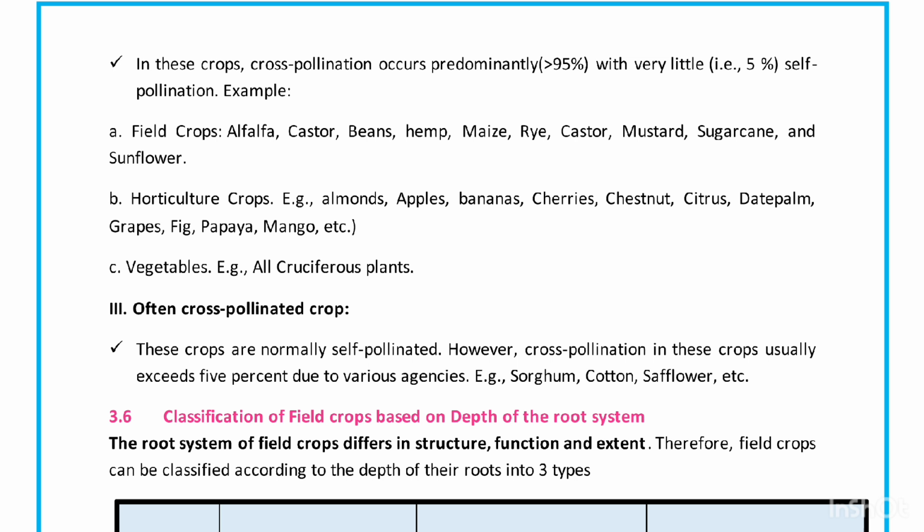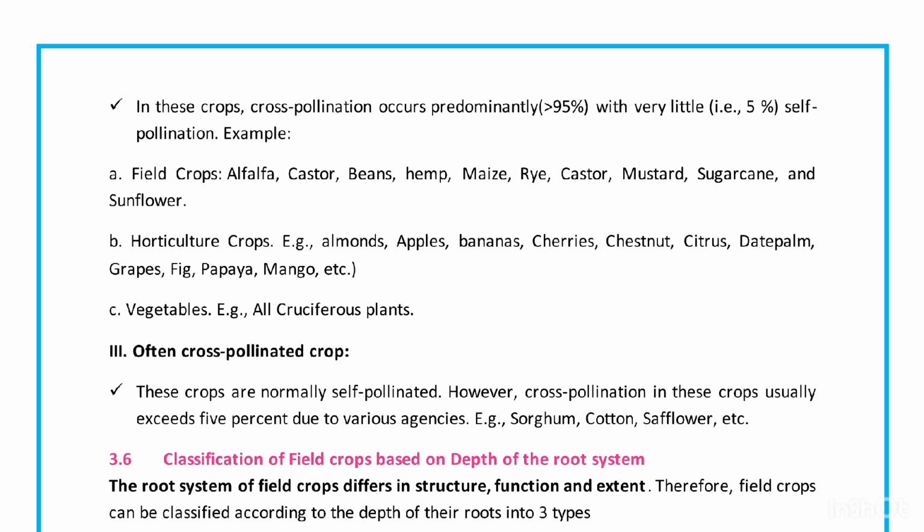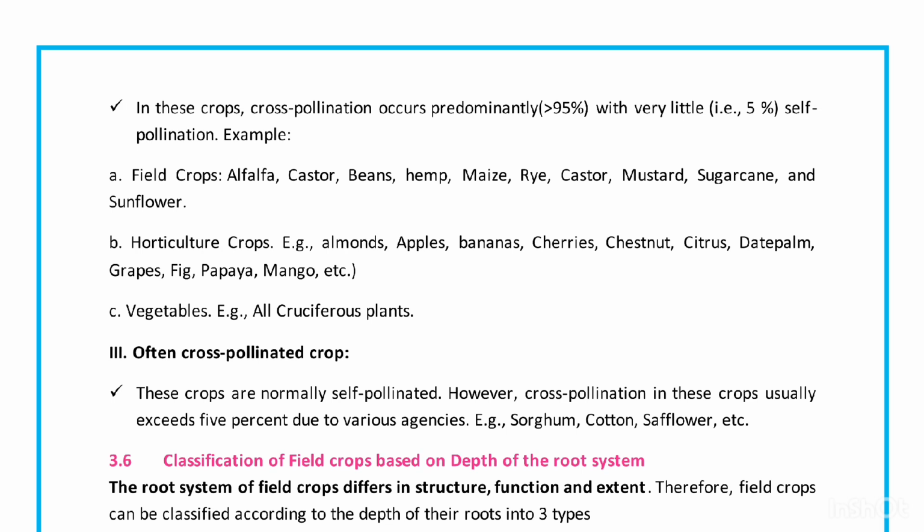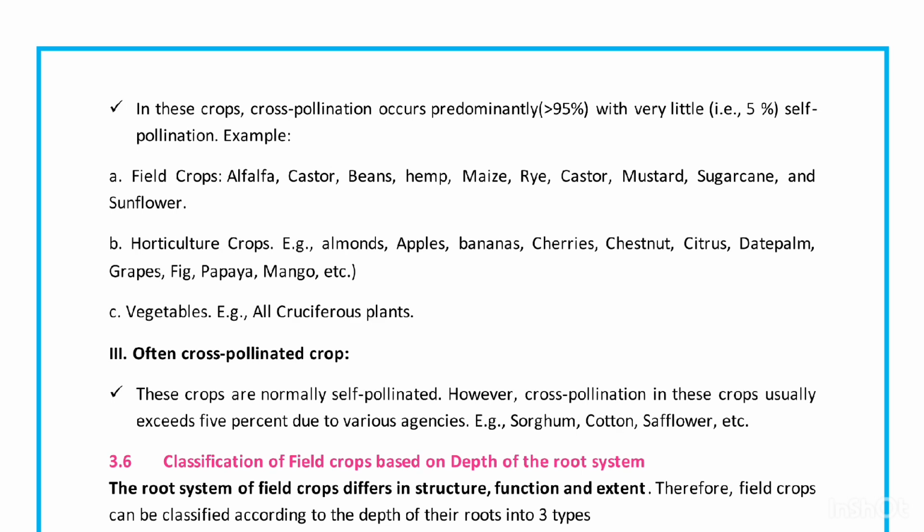Any factors that are non-living are considered abiotic factors. And if there is a living organism involved in the pollination of the plants, that is considered a biotic agent. Examples of abiotic are wind and water pollination.